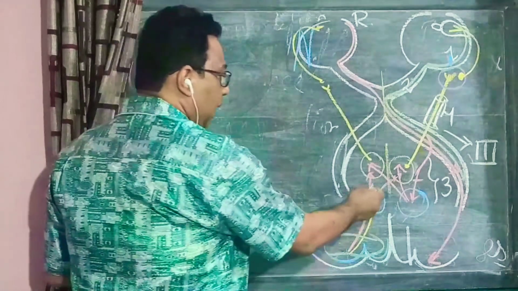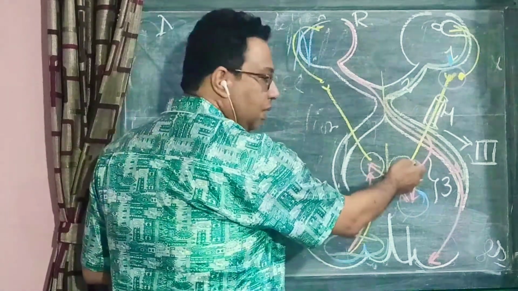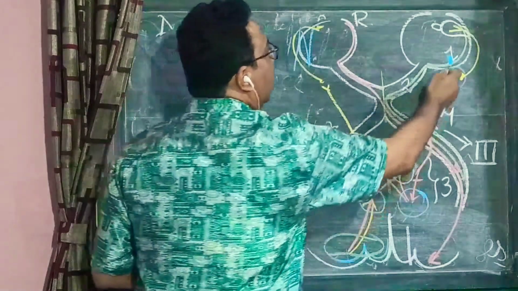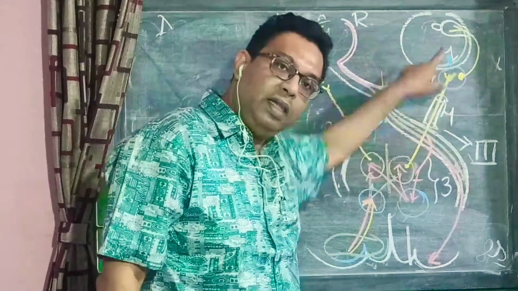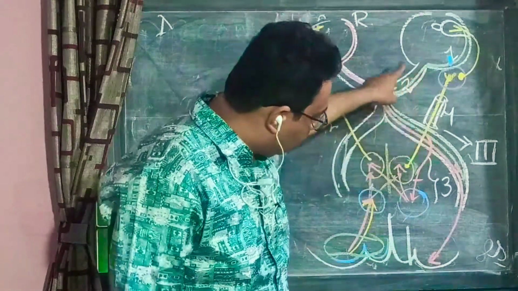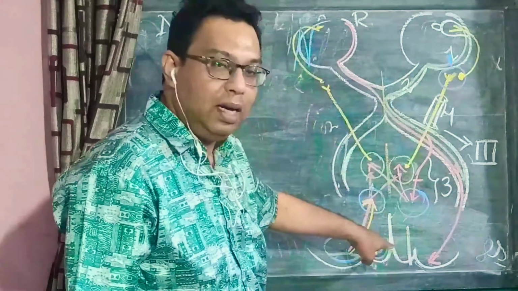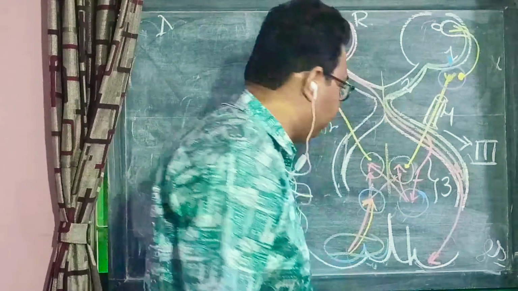So then the pretectum being stimulated will signal the Edinger-Westphal nuclei and bring about constriction of the pupil via the same old pathway. But here the efferent pathway is longer and the center is at the cortex.